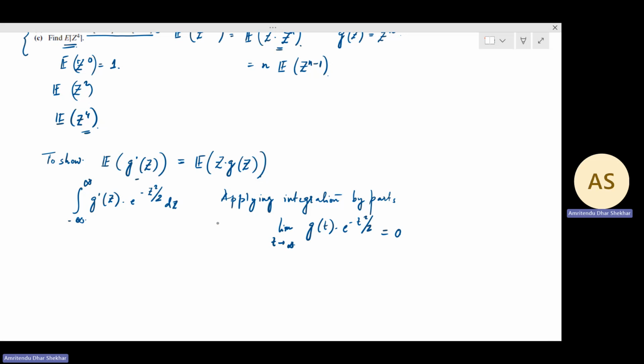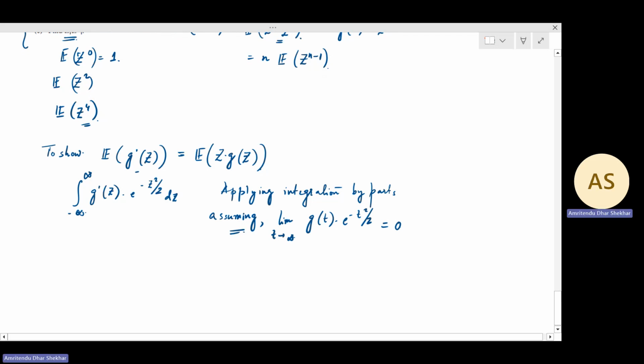So assuming this, if we apply integration by parts, this is simply equal to the integral from minus infinity to infinity of z times g of z times e to the power minus z squared by 2.